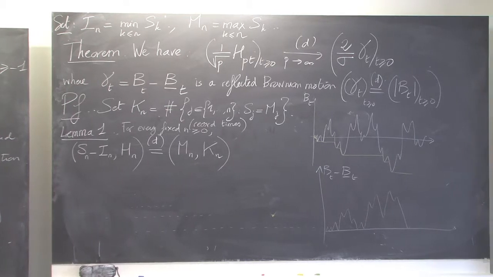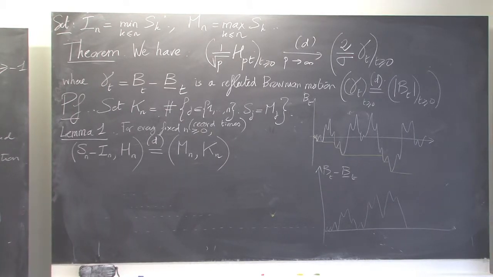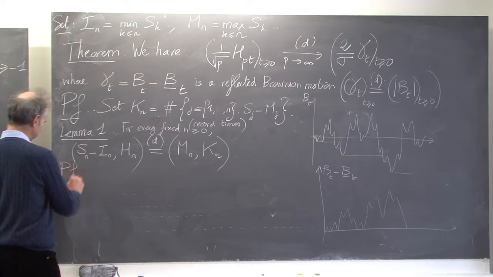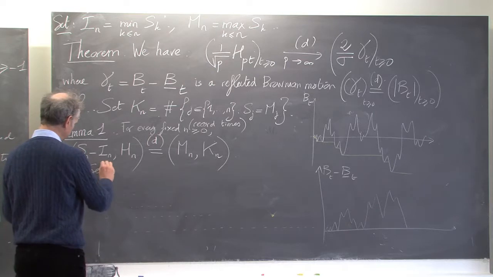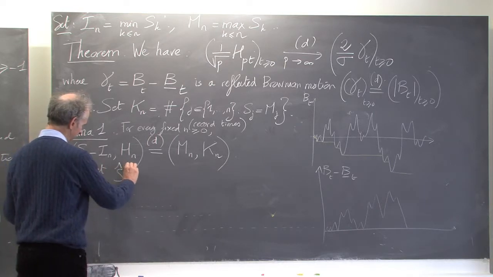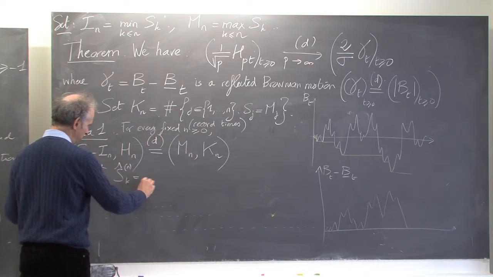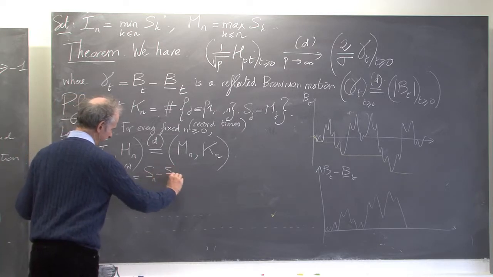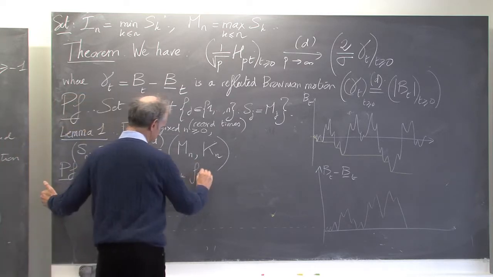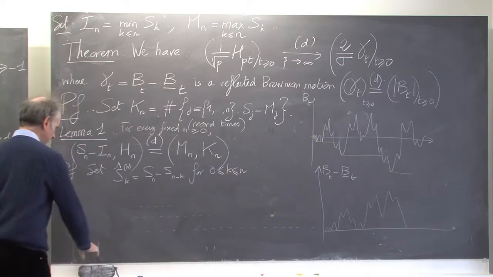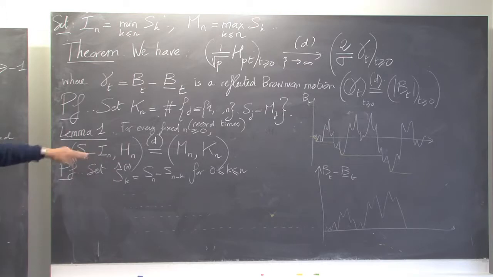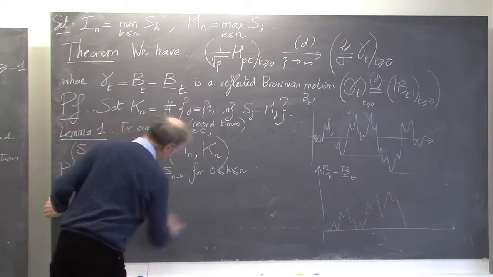So why is it true? Probably I should do the proof on a picture, but I will write some details. I will set S hat n,k equals S_n minus S_{n-k}, for k between 0 and n. It's a kind of time reversal of the random walk.